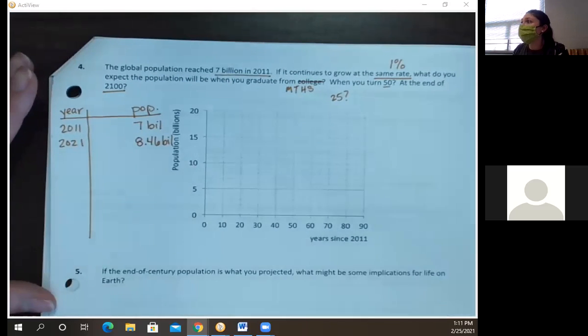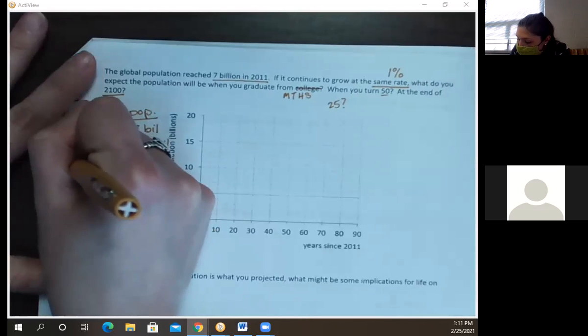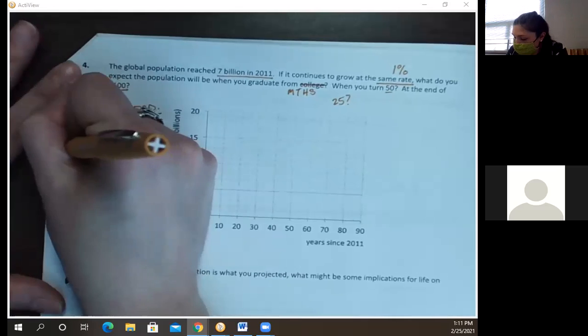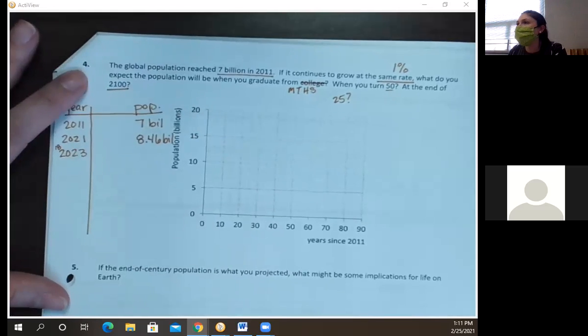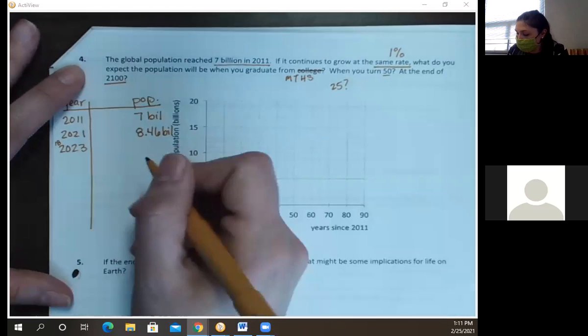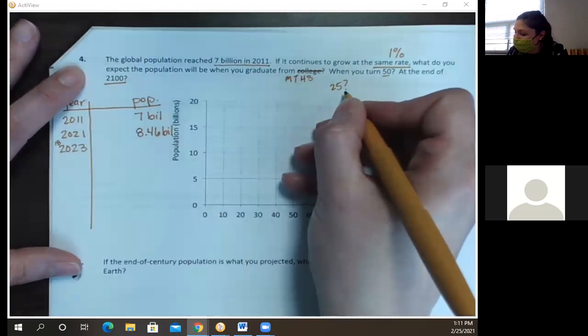And then you guys are sophomores, right? So you graduate in 2 years. So we'll look at 2023 when you guys graduate. And then let's see, you would be around 18 when you graduate. Either you turned 18 or you're going to turn 18 the year you graduate. So then when you turn 25, you need to add 7 years to that.